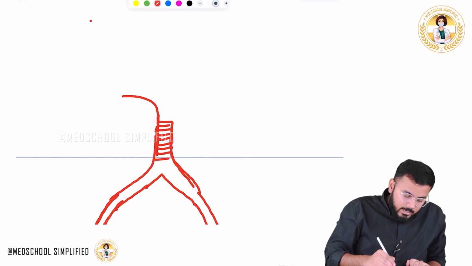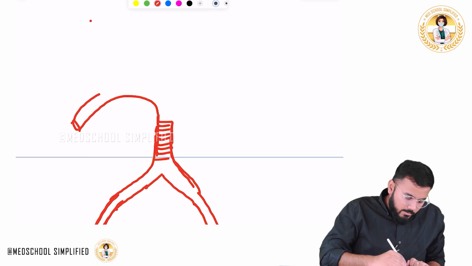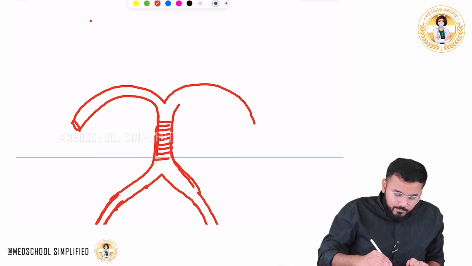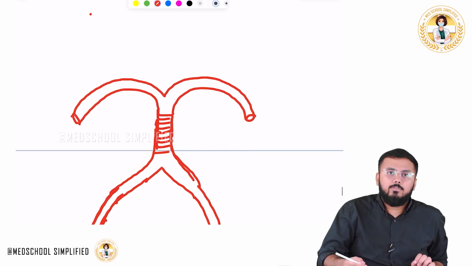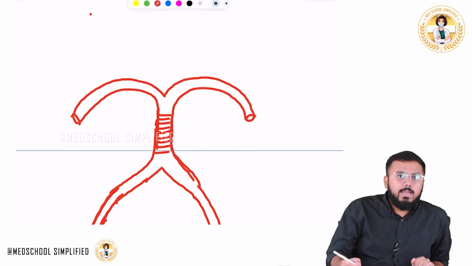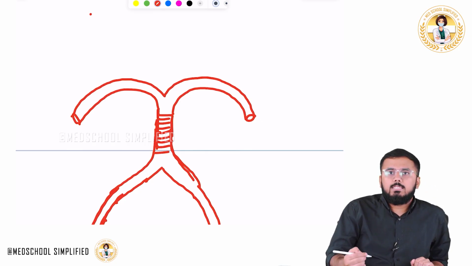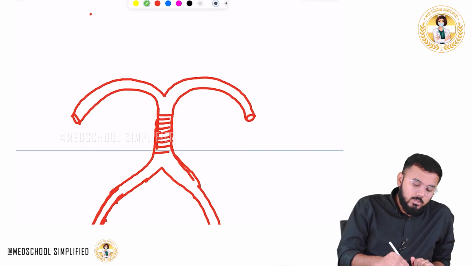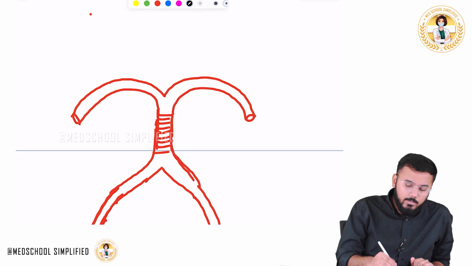Now this basilar artery will give out two branches like this, one branch onto the right and one branch onto the left. The branch given on the right is called the posterior cerebral artery, so you call it the right posterior cerebral artery.